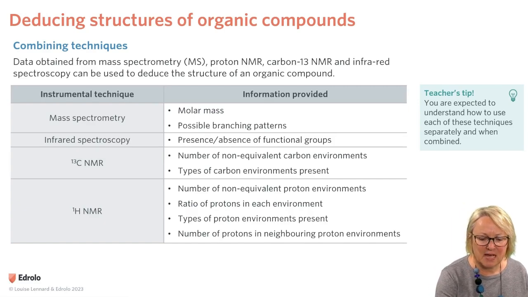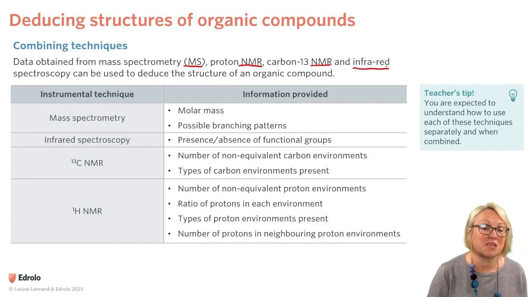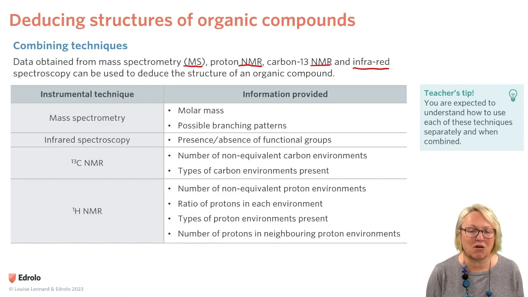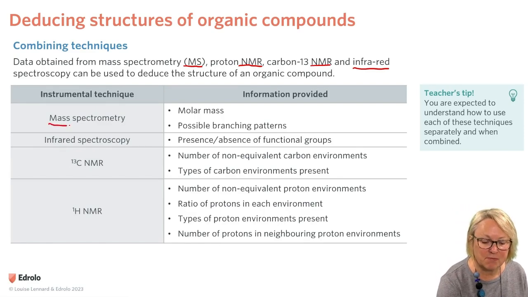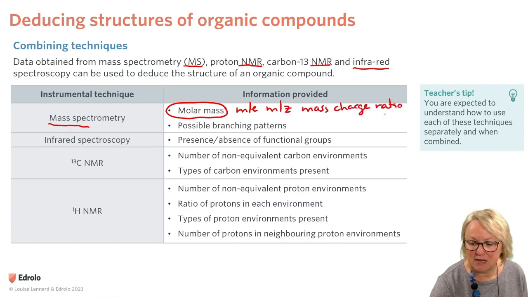So the data obtained from mass spectrometry, proton NMR, carbon-13 NMR, and infrared spectroscopy can all be used to determine the structure of an organic compound. For mass spectrometry, we can determine molar mass by looking at the mass charge ratio of the parent molecular ion.